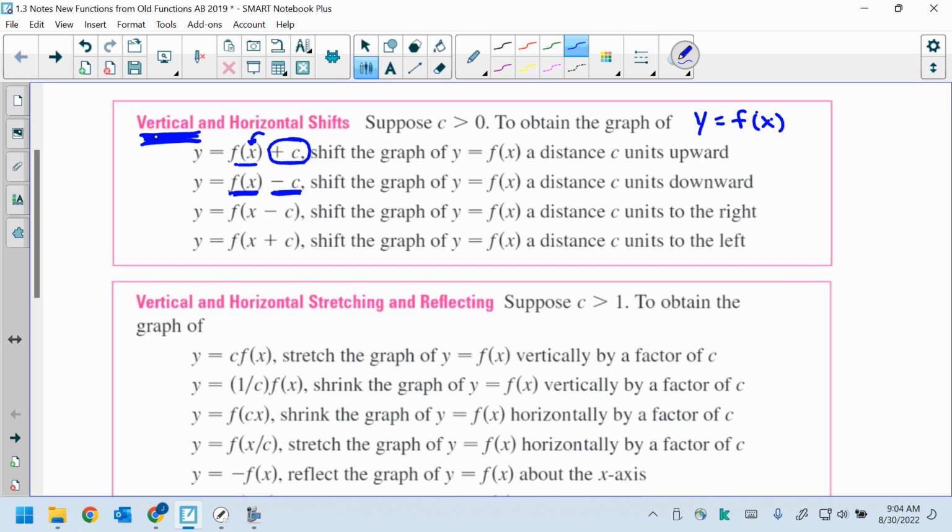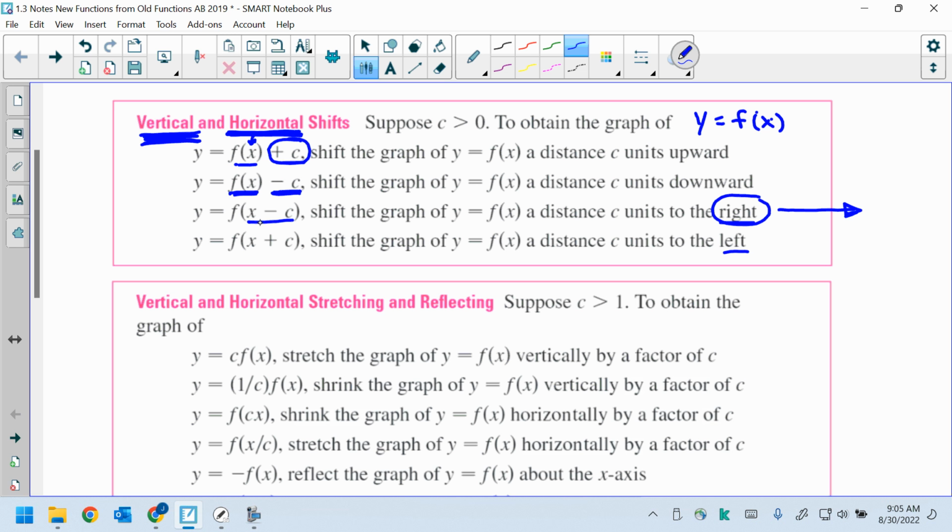Now, if we would like to move things to the right or to the left, now we're going to start messing with the x. We're going to start messing with what is inside the parentheses. Now, I'll tell you this, if we want to affect things horizontally, we're going to be working inside the parentheses, and the way I always remember this is that it's the opposite of what you'd think is happening. If I want to move things to the right, I would think moving things to the right would be adding something to the x, but indeed, it's the opposite of that.